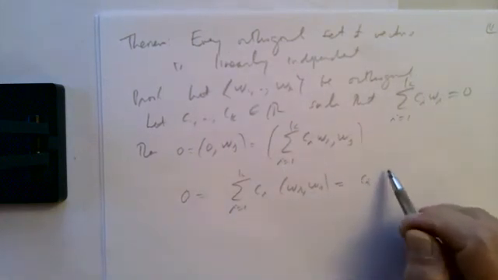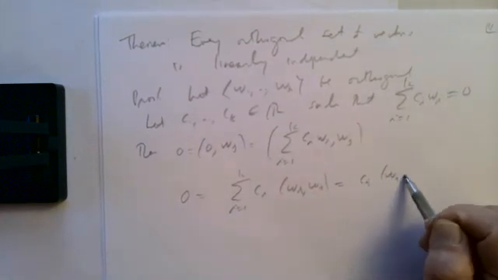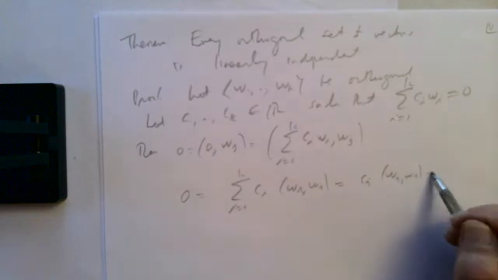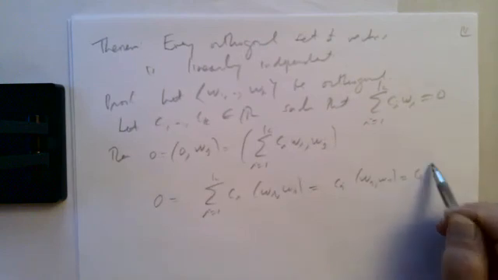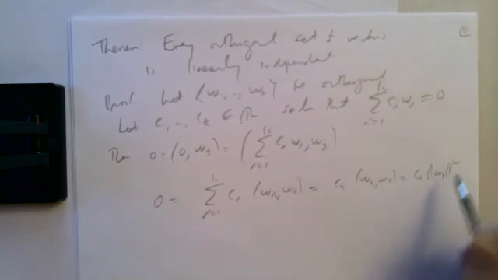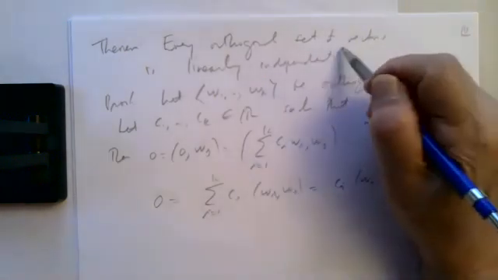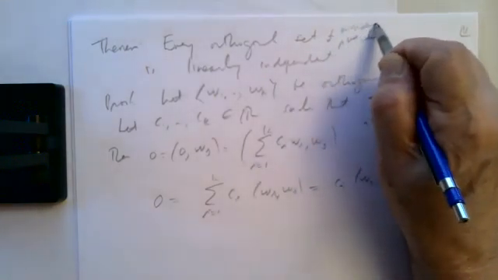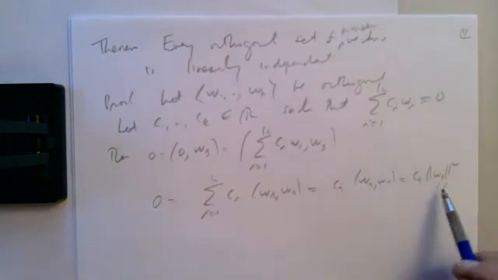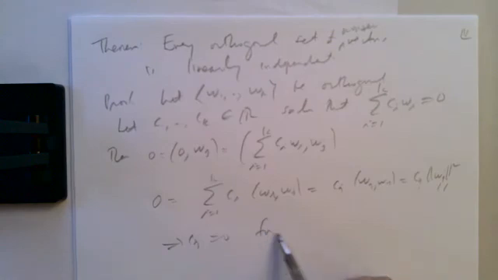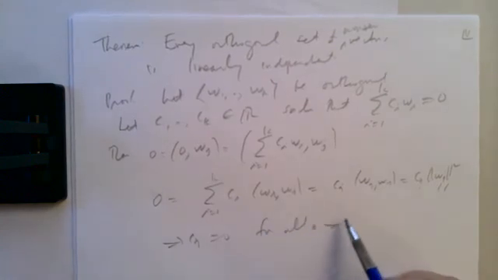So this is Cj, Wj comma Wj, because all the other terms are 0. This is Cj times the length of Wj squared. These are non-zero vectors, so this is different from 0. So Cj equals 0 for all j, which implies that the set is linearly independent.